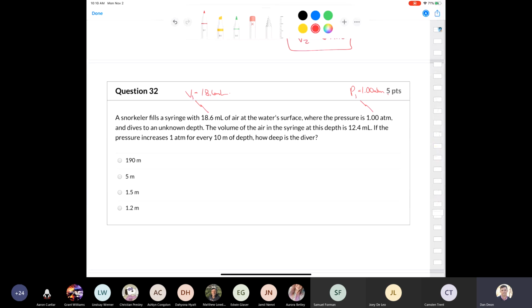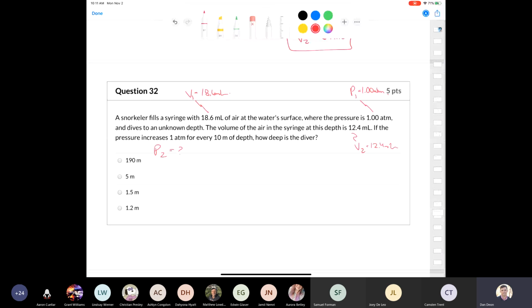The volume of the air in the syringe at this depth is 12.4 milliliters. If the pressure increases 1 atmosphere for every 10 meters of depth, how deep is the diver? The first thing we need to do is solve for our pressure, and then we can determine the depth. Here we're going to use Boyle's Law as well.